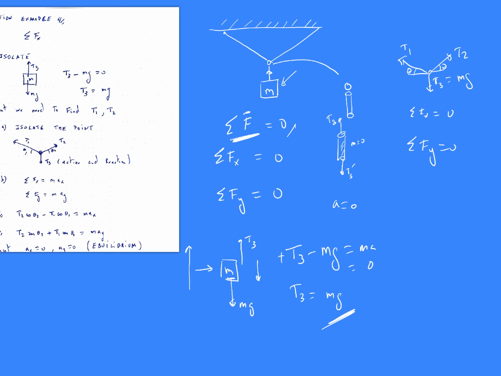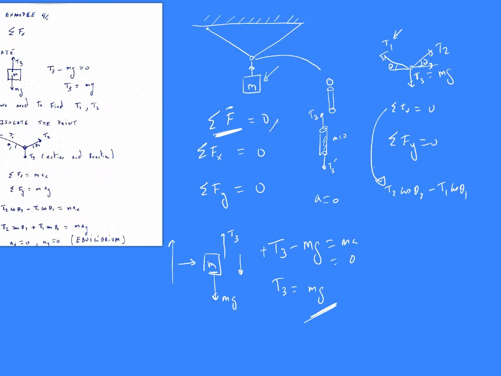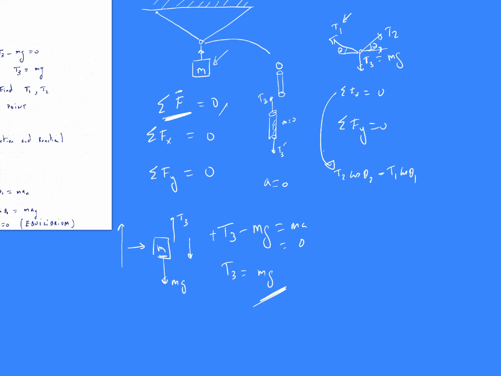What is the x component of T2? The x component of T2 is T2 cosine of theta 2. This is theta 2. What is the x component of T1? It is T1 cosine of theta 1, with a negative sign because it's going in the negative direction.